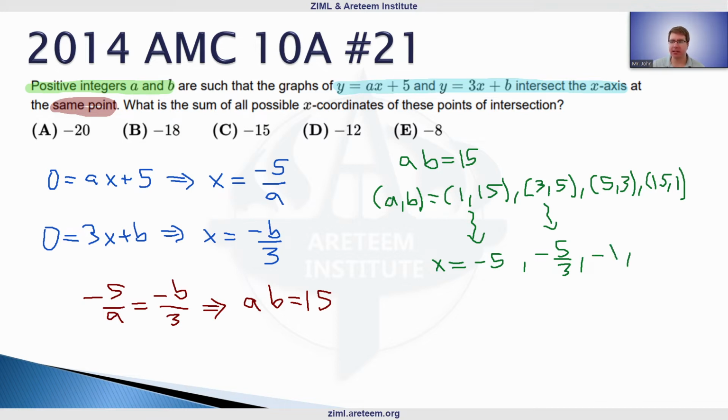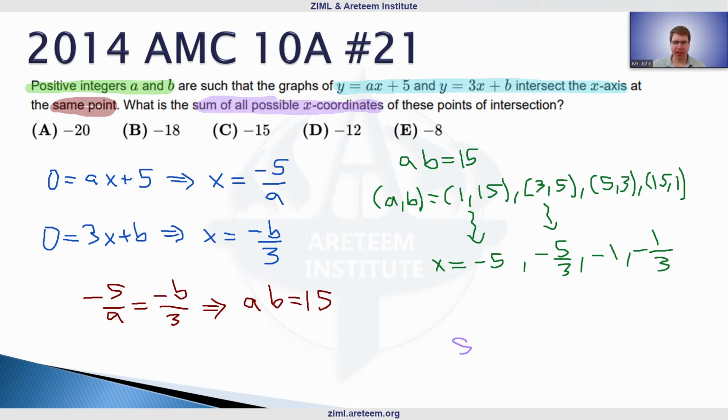But if we're listing all of these values out here, we have negative 5, negative 5/3, negative 1, negative 1/3. Now, reading our question, sum of all possible x coordinates here.